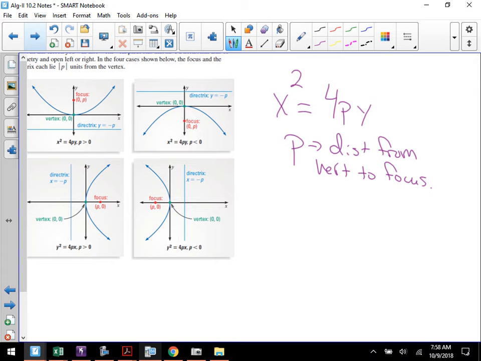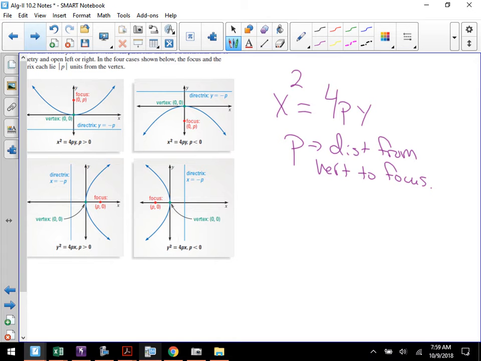When you think about what you've done in the past, you've had it written as y equals x squared. If you got y by itself, it would be 1/4p times x squared equals y, if you want to get back to where we were last time.